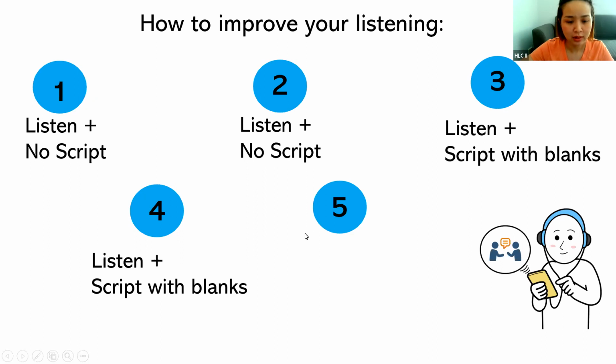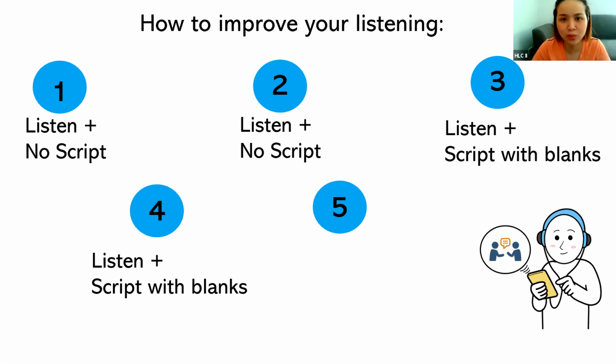And the fourth round, again, just like the third round, you have to listen with the script with blanks, and you try to fill in the blanks. You have to get the spellings correct, and don't worry if you don't have any idea what to write down.